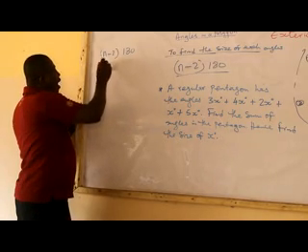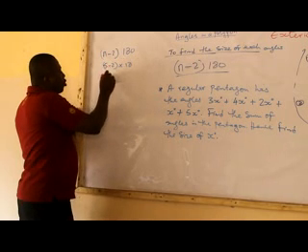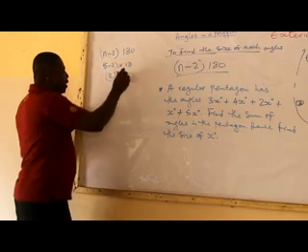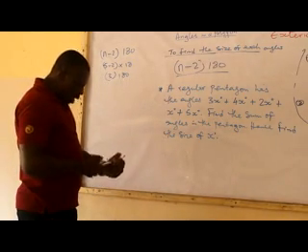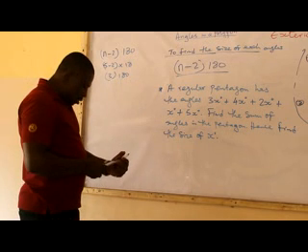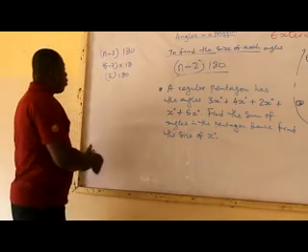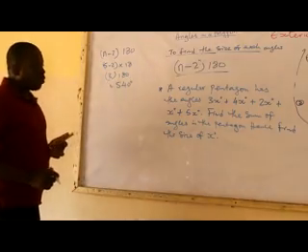So we have 5 minus 2 multiplied by 180. That 5 minus 2 is 3 times 180. And 180 times 3 will be 540. So first of all, the sum of angles in that pentagon is 540.